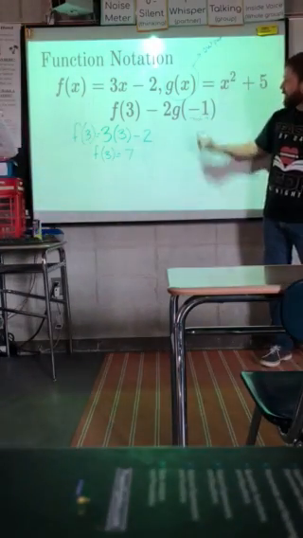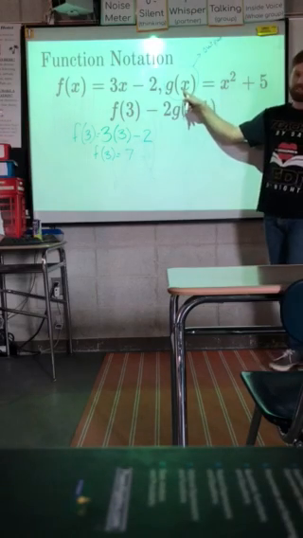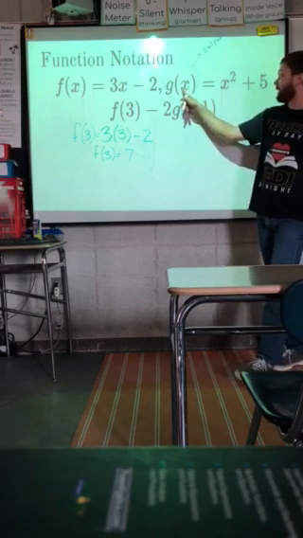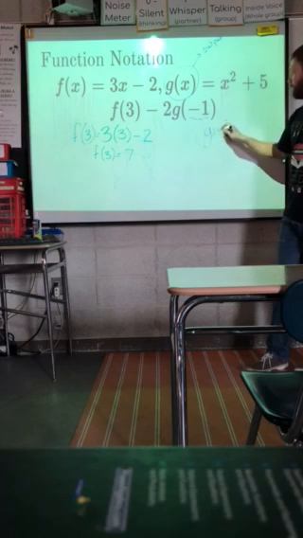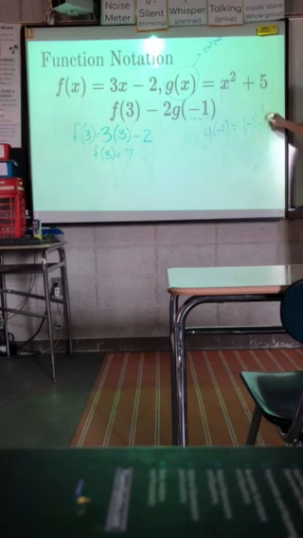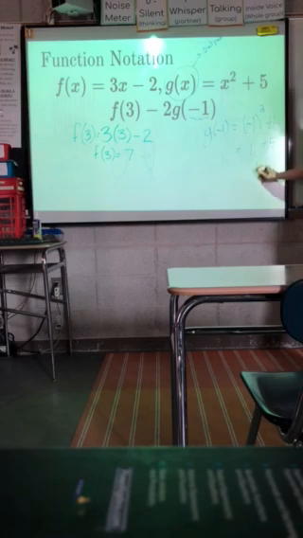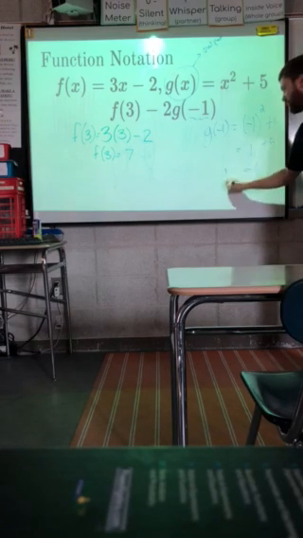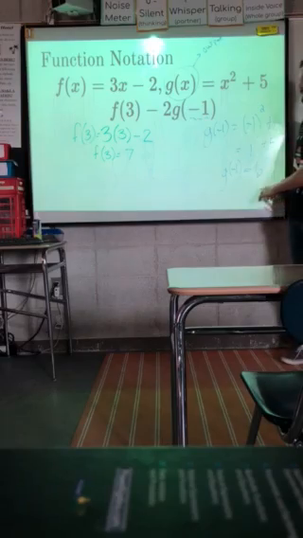Similarly, we have to substitute x equals -1 into g and figure out what the corresponding output value would be for -1. So we would substitute in -1 and get (-1) squared plus 5. (-1) squared would be 1, plus 5 would be 6, telling us that g of -1 equals 6.